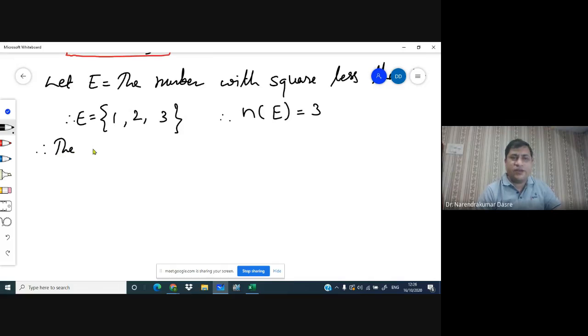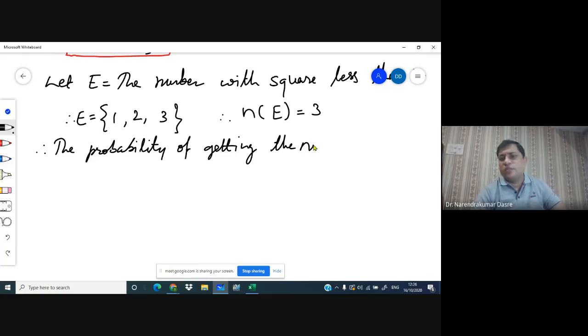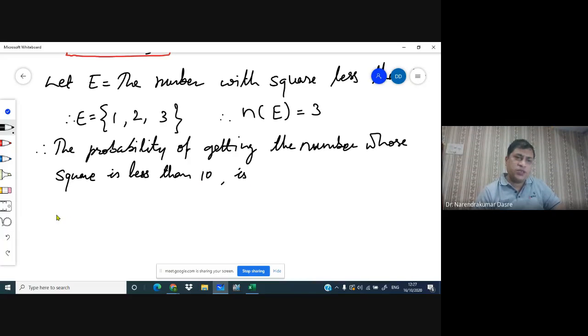We can write the probability of getting a number whose square is less than 10 is, what is the probability we have?